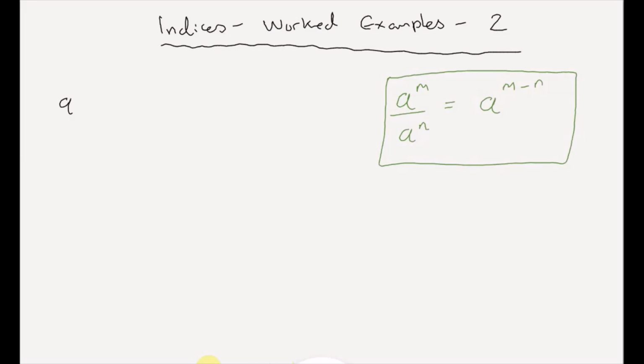Here's example number 1. That's an a, by the way. It doesn't look like an a, does it? But that's an a. A squared b cubed c to the 4, all divided by a b squared c. As we did in the previous example, the first thing is to look for your like terms, and I will highlight the first set for you because they are a's.